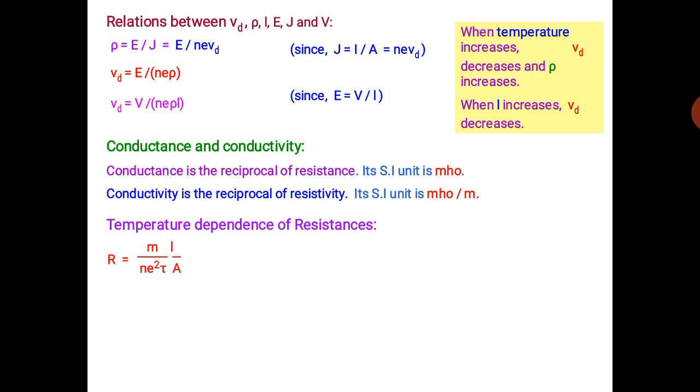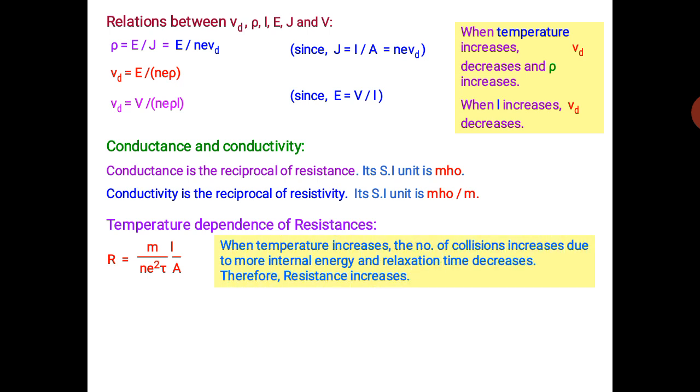The resistance of a material is m divided by n e square tau into l by A. When the temperature increases, the number of collisions increases, and due to these collisions, more internal energy is produced or the relaxation time decreases. Therefore, resistance increases.